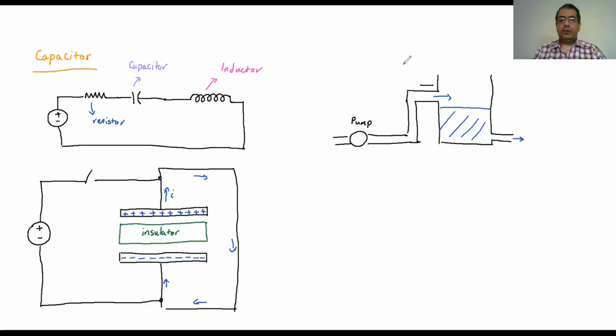Now, if I go ahead and close the valve, there's not going to be any current getting into the tank, but because you have some water stored in the tank, that water is still going to provide the energy to the output of that tank.